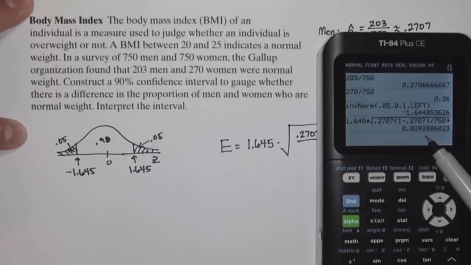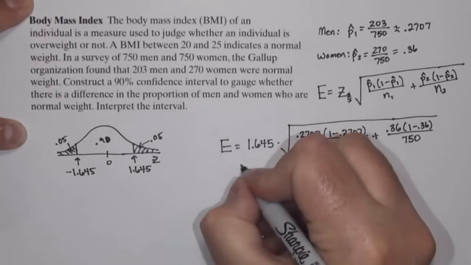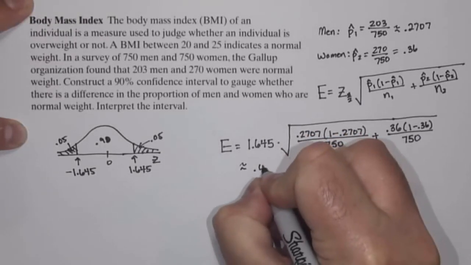So I get a margin of error, if I round to 4 places, of 0.0393.